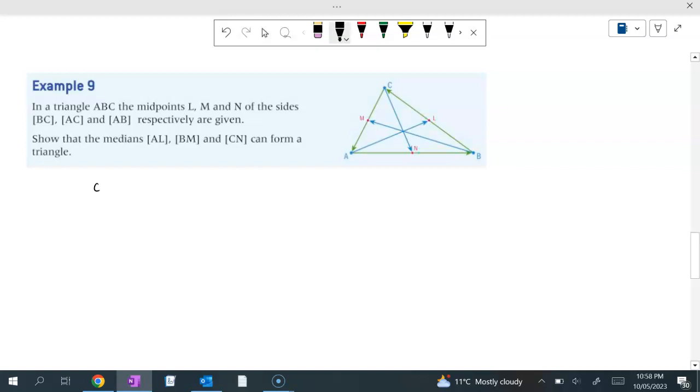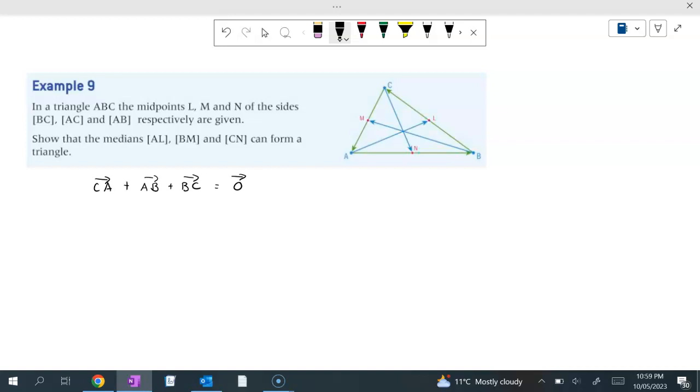Like if I do CA, so let's take the triangle ABC, and I add that to AB, and then to that I add BC, I end up where I started, so this is equal to the 0 vector. And that's one of the ideas of a triangle. If the three sides sum to give us a zero vector, that means that they all must meet up, or you end up where you started, and so you've got a triangle.